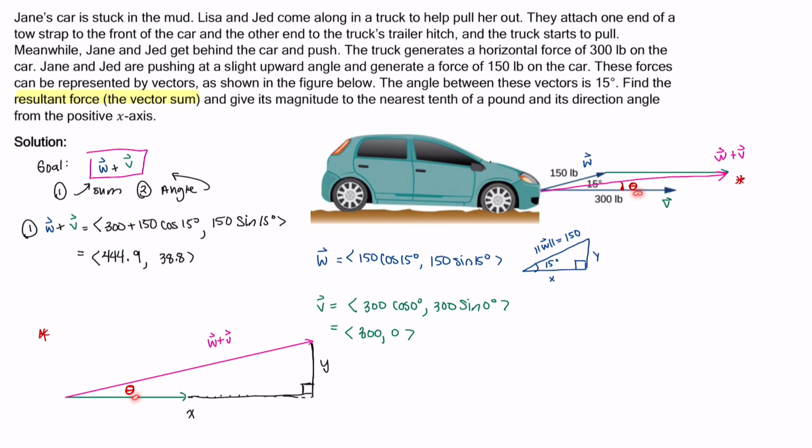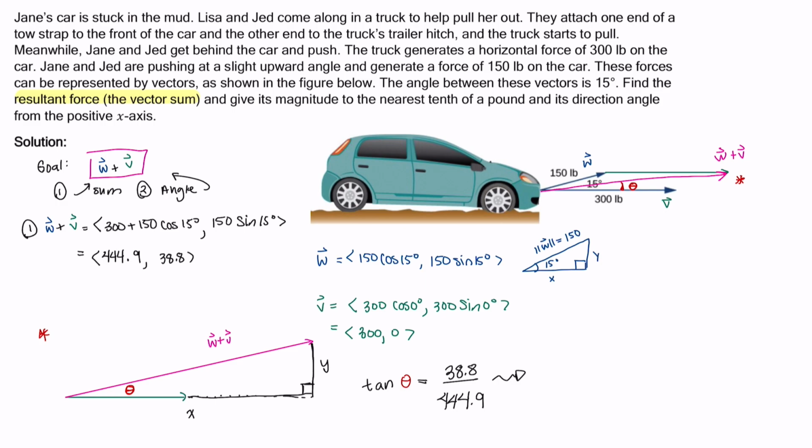So again, think back to right triangle trigonometry. The tangent of this angle is equal to y over x. That tells me tangent of theta is equal to the y component of 38.8 divided by 444.9.